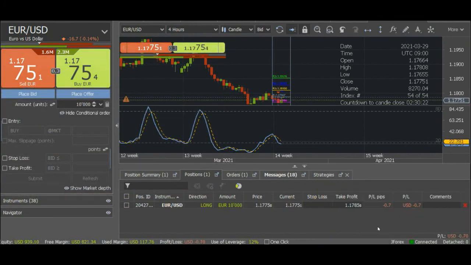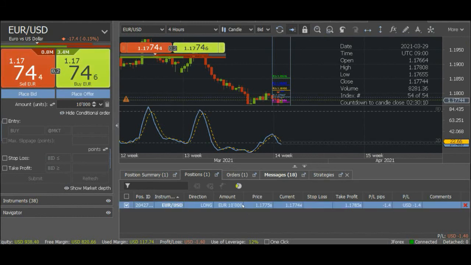In this situation, if I'm going for 10,000, it's not equal to 1,000. That's why I'm using more than 10%. If I'm going to use 10,000 units, it shows 12%, which is almost the 1 to 100 leverage ratio.